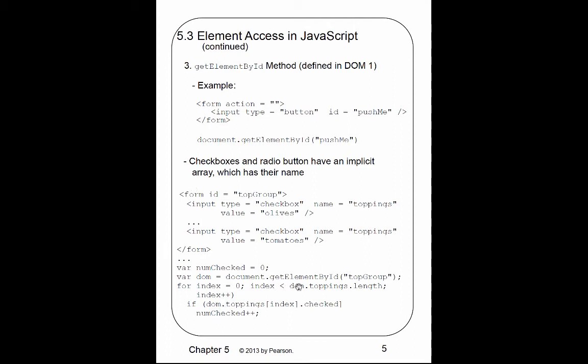From then onwards, dom.toppings.length will work: dom refers to this form, and then dot toppings refers to that checkbox group. This checkbox is called toppings, and the length is the number of entries in that checkbox. And then it checks whether each of these has been checked.